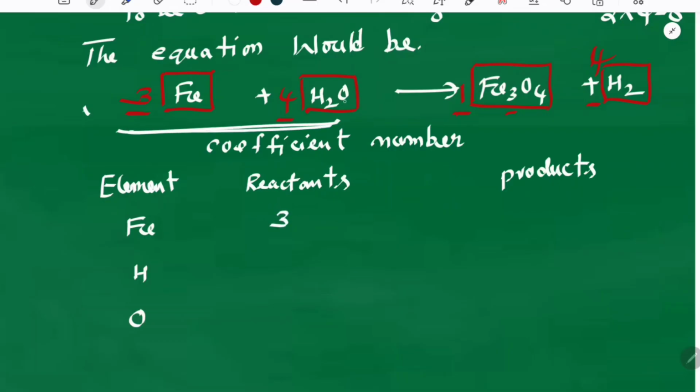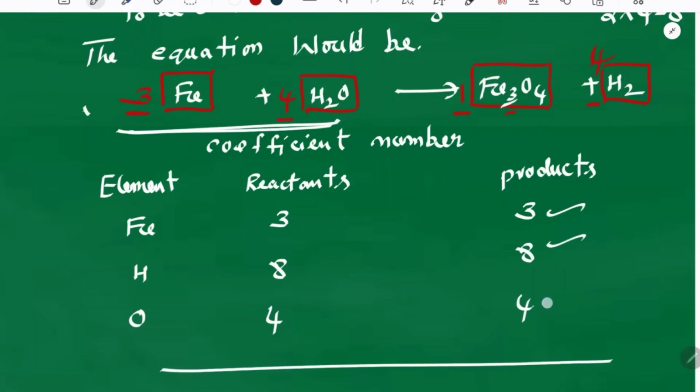How many iron atoms are there? 3. How many hydrogens? Here 2 into 4, 8. How many oxygens? 4. Then the product side. How many iron atoms? 3. And how many hydrogens? 2 into 4, 8. How many oxygens? 4. So on both sides, 3 and 3, 4 and 4, 8 and 8.